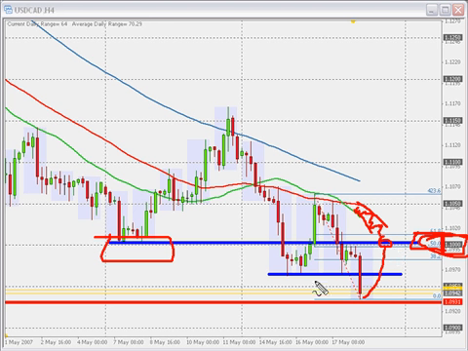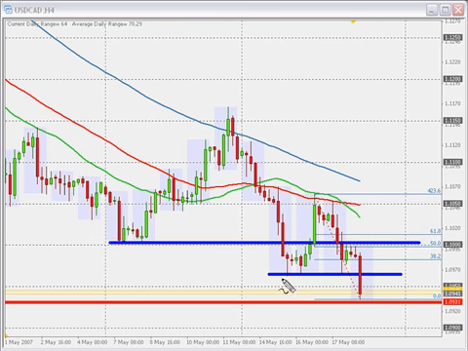Another resistance level is this level right there, this triple bottom that we've seen throughout this week. This was Tuesday's price action, this was Wednesday's, and this was Thursday's, before breaking down to the downside. We saw a nice resistance at this level, 109.65.